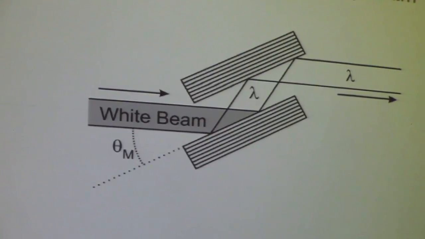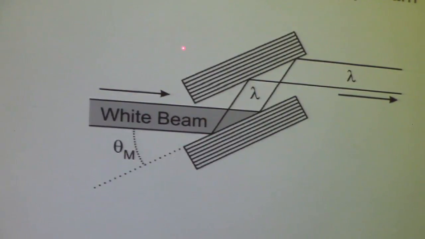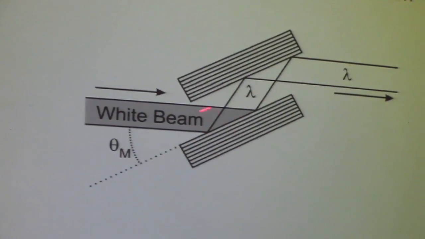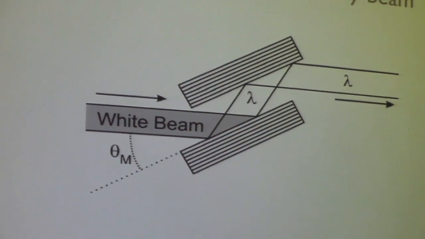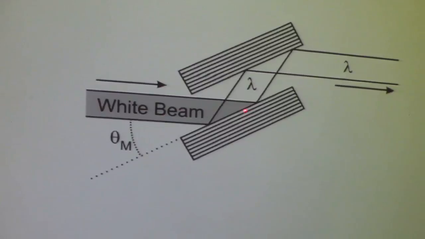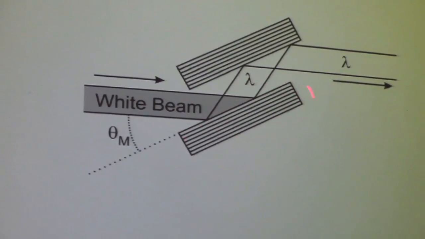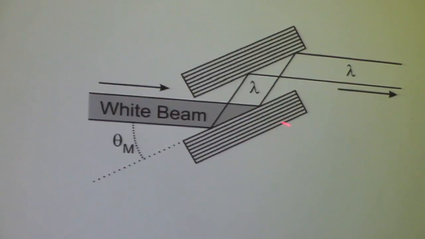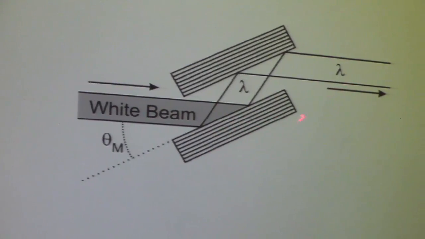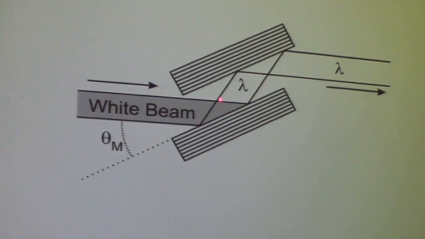If you're going to monochromatize with a crystal, you do it like this. So typically you only actually need one crystal, and the white beam comes in, and you satisfy the Bragg condition. I didn't talk about that yet, but you satisfy the Bragg condition at some angle of this detector, which depends on the wavelength.